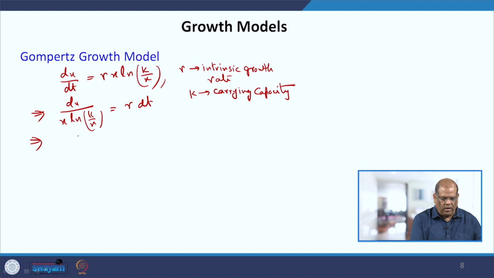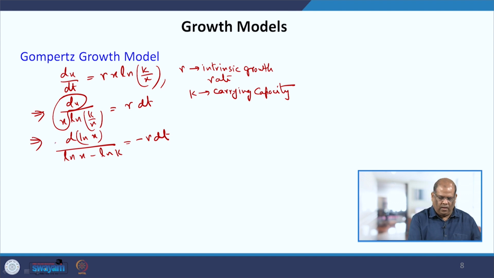We write this as d of ln x with this, and this can be written as ln x minus ln k with a negative sign, and I take that negative sign to this side. Okay, if you are not familiar with this, you can keep this whole thing like this and then substitute this equal to z. You are going to get the same thing.